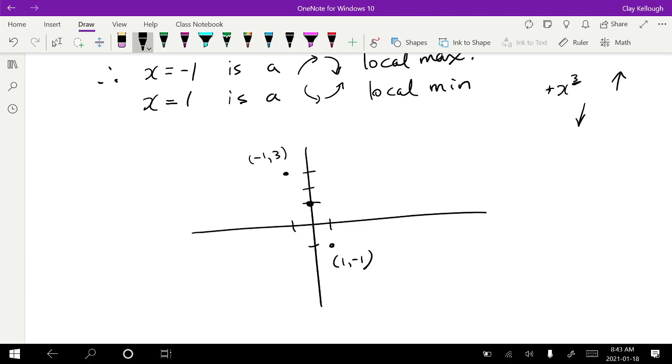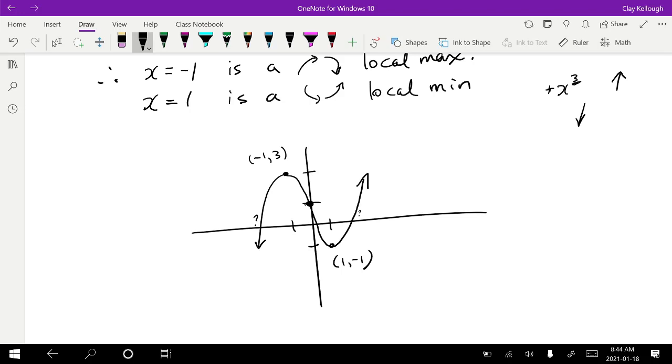So I do know that this thing does have to go back down this way. But it goes like that. Oh, I missed the dot there. Let's try that again. And there we go. So even though I don't really know what these numbers here are, I can still get a pretty accurate graph.